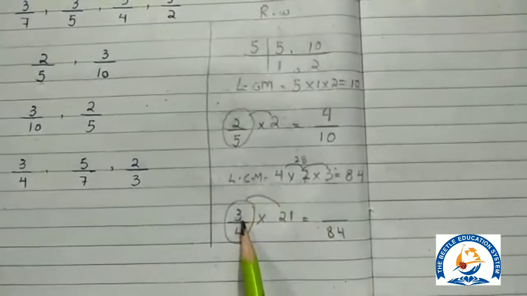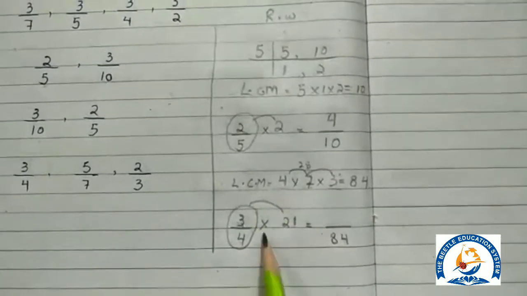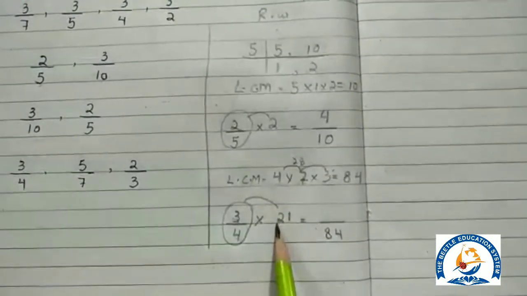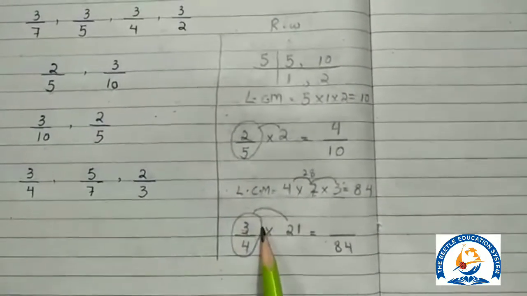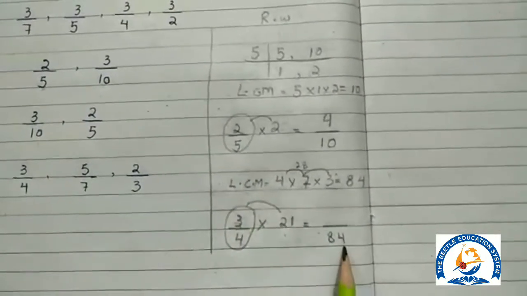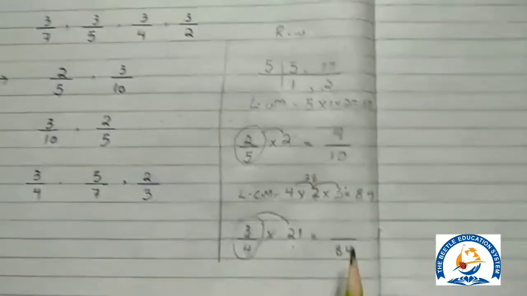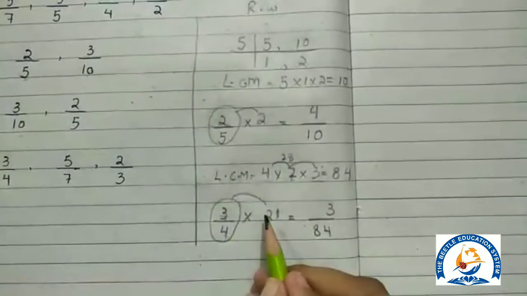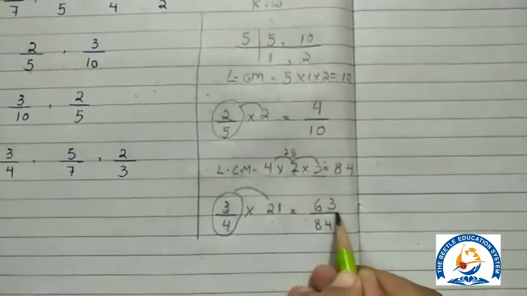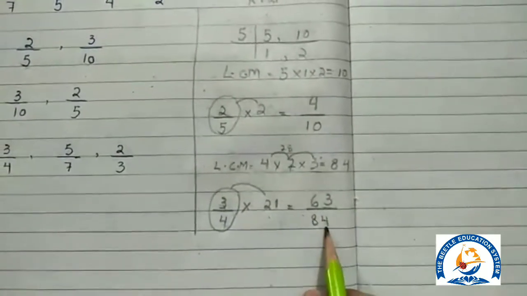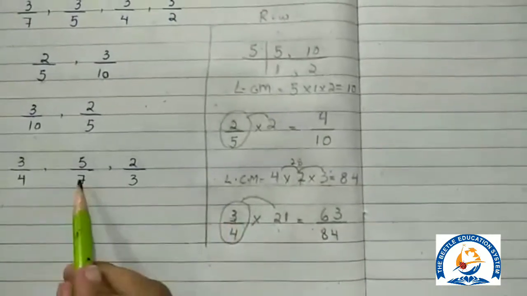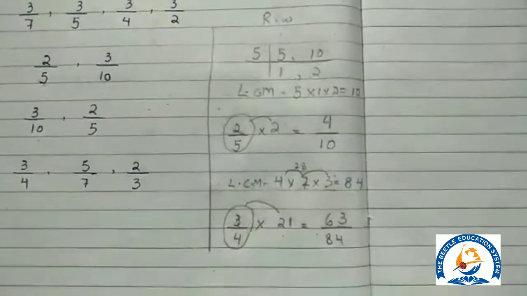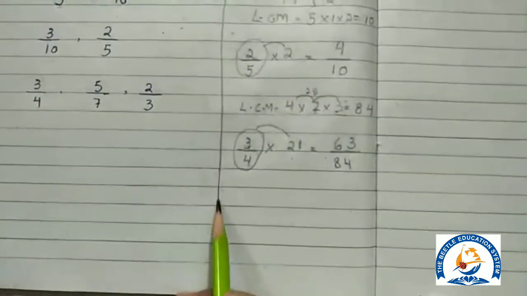Then we also multiply 3 with the 21, because not only the denominator will multiply but the whole fraction will multiply with a number to get an equivalent fraction. 3 1 time is 3 and 3 2 times is 6. The fraction here is 63 upon 84. Now let's come to the second fraction, which is 5 upon 7.